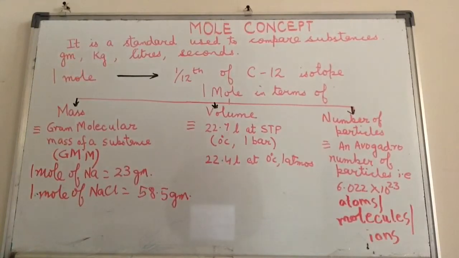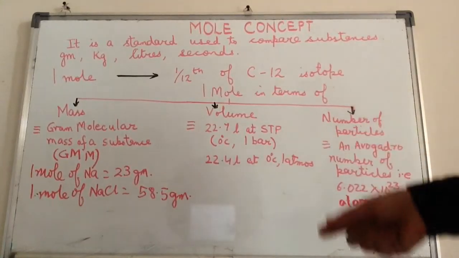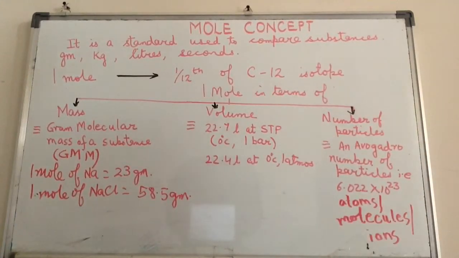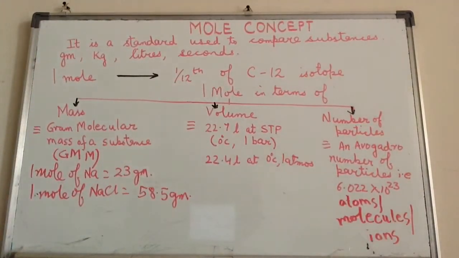On the other hand, if I say 1 mole of sodium chloride, I mean to indicate that I am talking about 58.5 grams of sodium chloride, and the number of particles of sodium chloride would be 6.022 into 10 to the power 23. So there will be 6.022 into 10 to the power 23 sodium ions, and the same number of chloride ions in the particular sample of the substance.